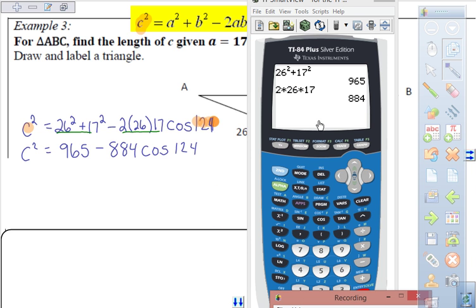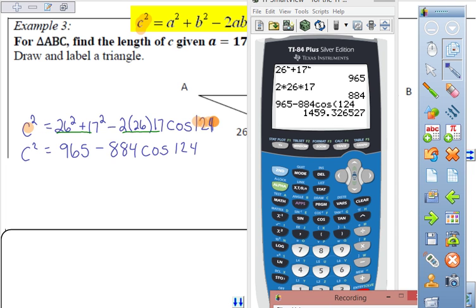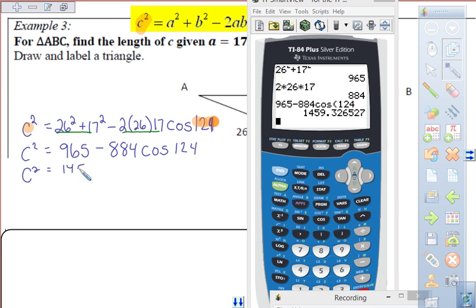So here's how that would look on my calculator. The next thing I'm going to do is from left to right, because all of these are numbers, I'm going to plug that into my calculator. And I get 1459. So now, c squared equals 1459.3 and so on.